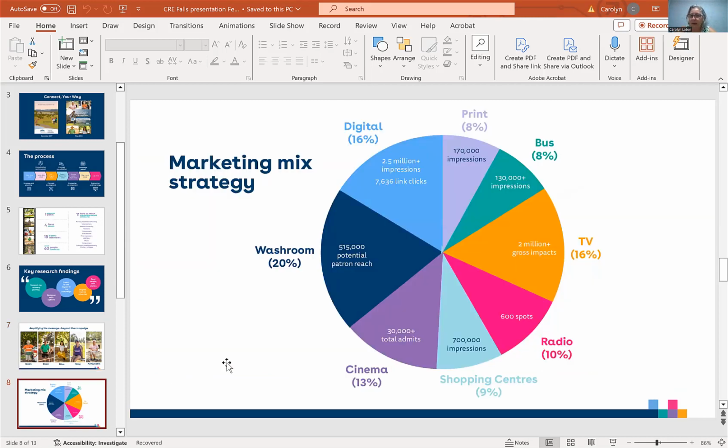In terms of the marketing mix, it was promoted across a wide range of formats, and they were carefully chosen. So you can see digital, washroom, cinema, shopping centres, radio, etc. They were chosen to give people the space to think, for example washroom, which is a personal space, and that was important in the mix.